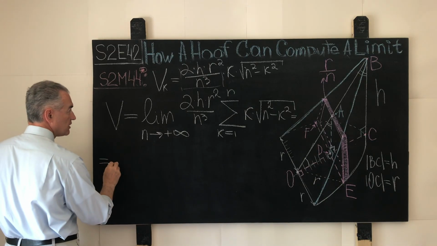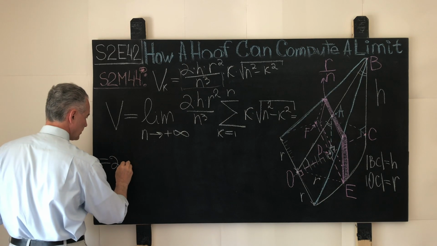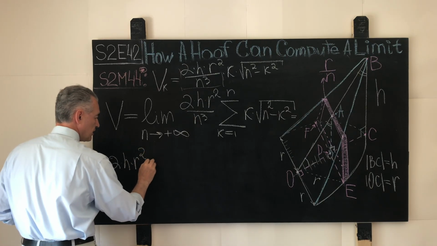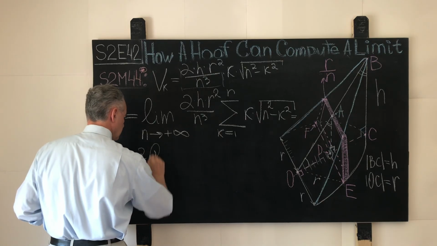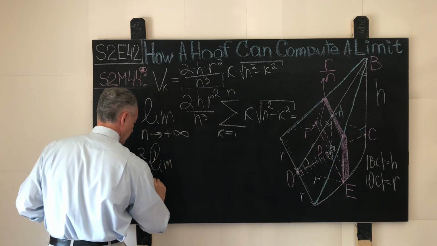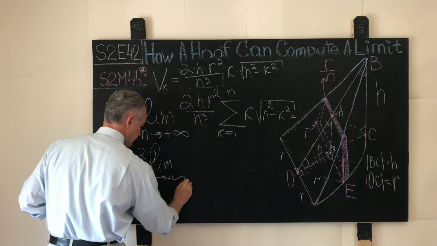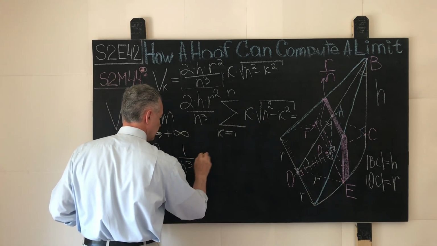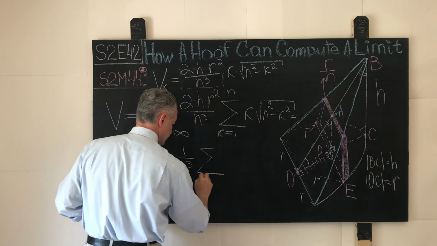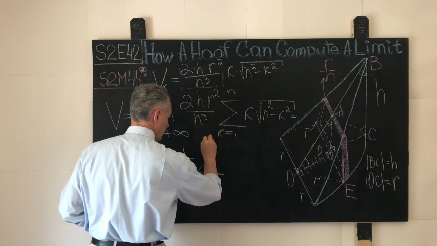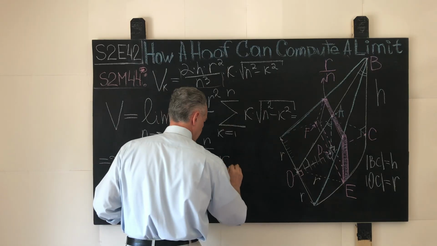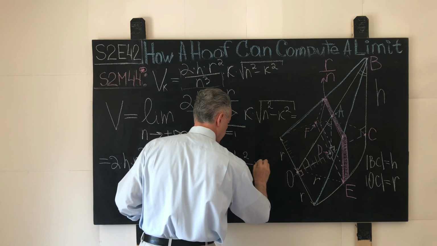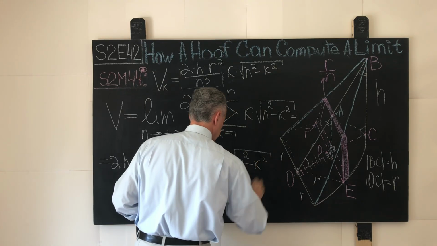And now we write down the following result: 2 times h times r squared times the limit when n tends to positive infinity of 1 over n cubed times the sum over k from 1 to n, where each summand has the following structure: k times the square root of n squared minus k squared, like so.